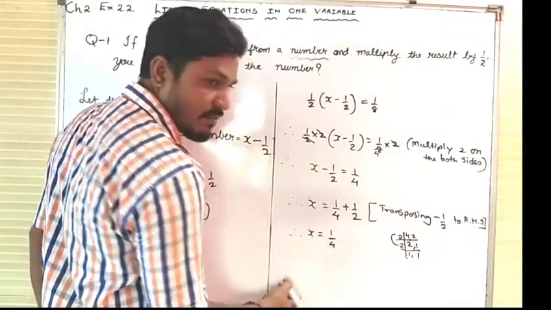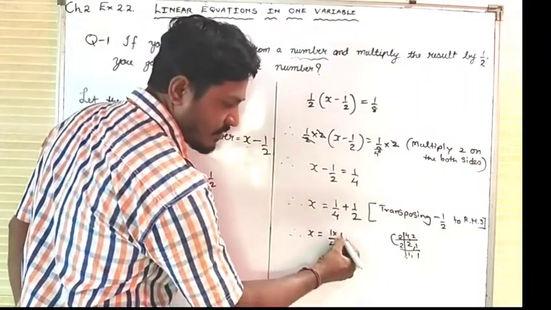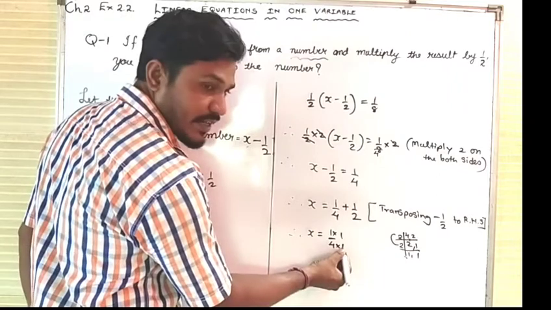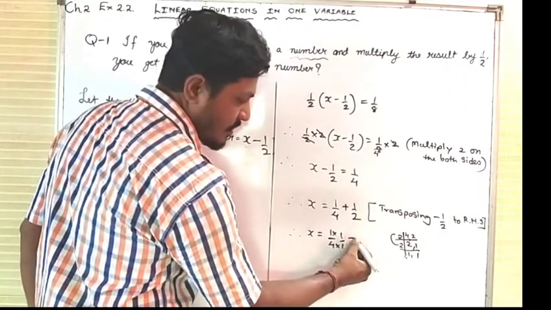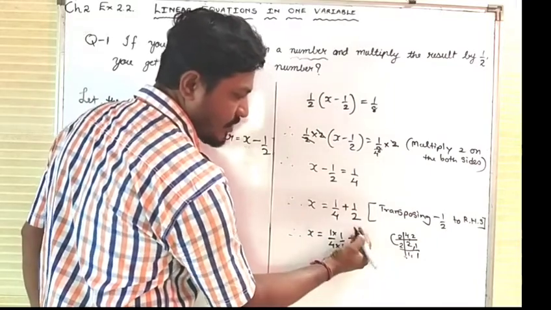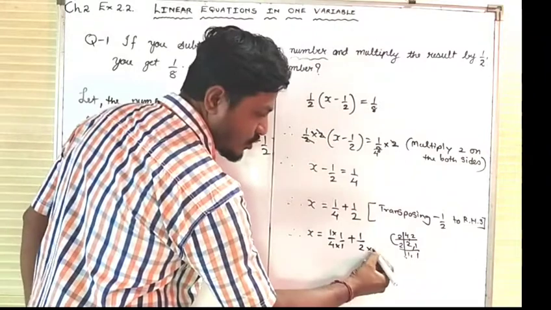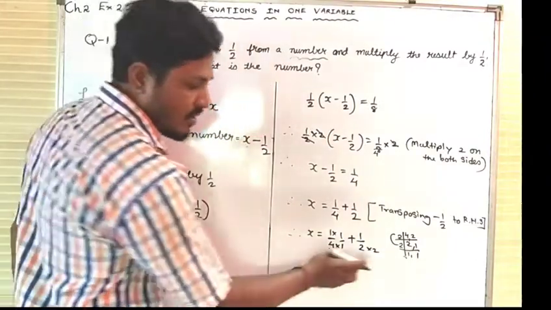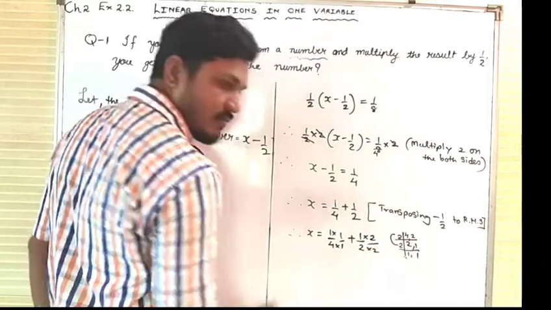Write down 1 by 4 as it is; 4 is already there, so 4 multiplied by 1. Whatever number we take in the denominator, the same number we take in the numerator also. Plus sign. Now I need to get 4 here, so 2 should be multiplied by 2 to get 4. Whatever number I take in the denominator, the same number you have to take in the numerator also.